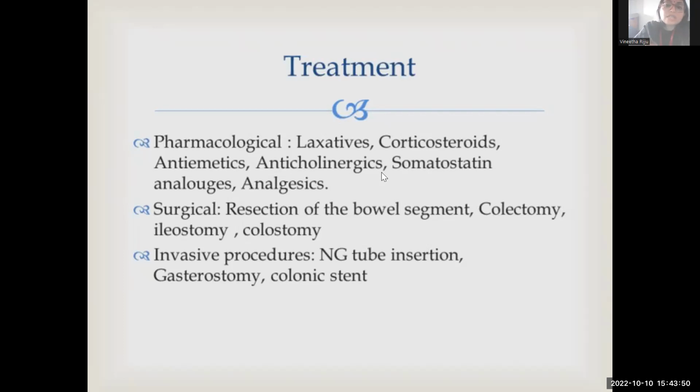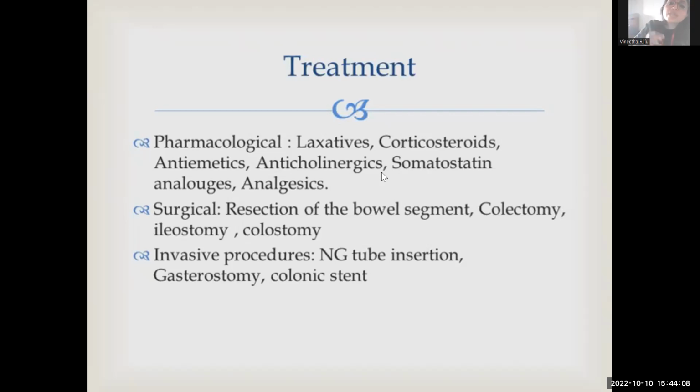Now, somatostatins. Somatostatins are anti-secretory agents. So like I said earlier, there is bowel distension that happens, and there is increased surface area of the bowel wall, and there is increased bowel secretions that happens.